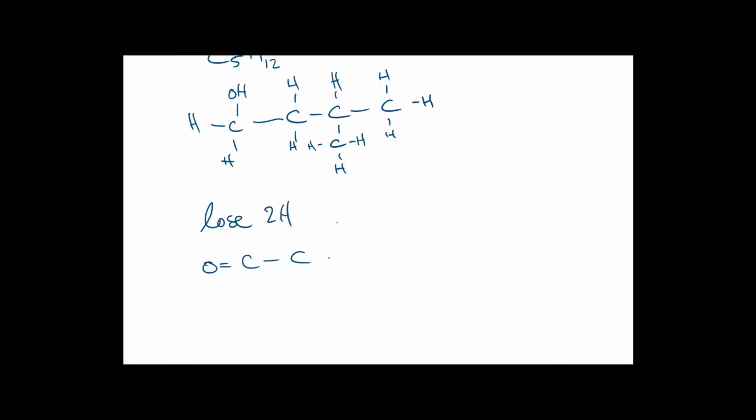And those 4 carbons are going to be there. And then this one isn't going anywhere. Let's do the hydrogens this way. 1, 2, 3 hydrogens, 4 hydrogens. This one has 2 bonds, so it needs 2 hydrogens. This one has 3 bonds, so it needs 1 more hydrogen. So it's going to become an aldehyde, C5H10 now with an oxygen.